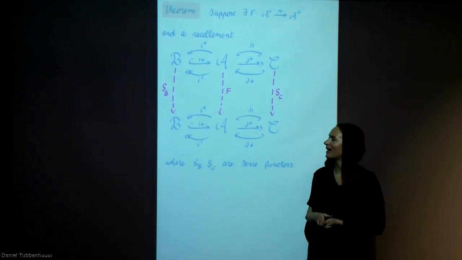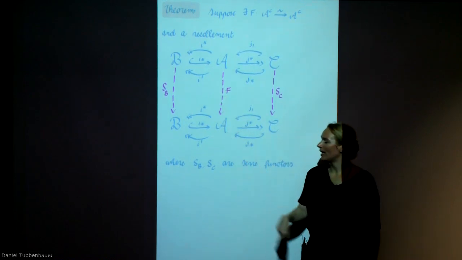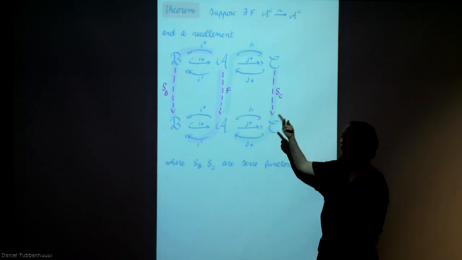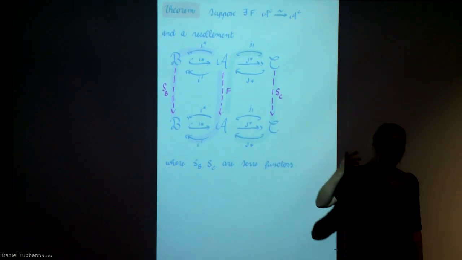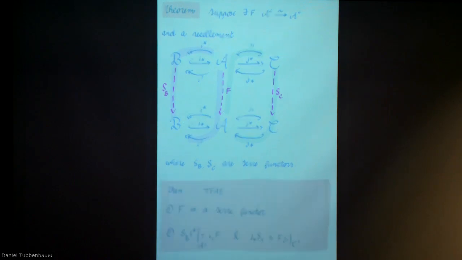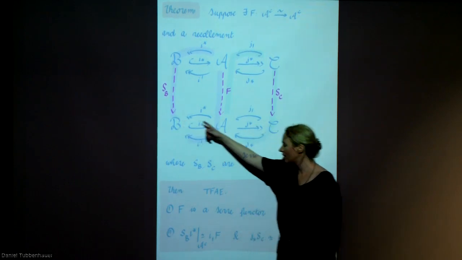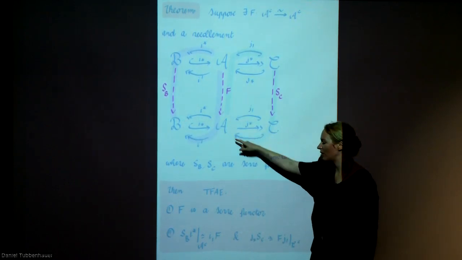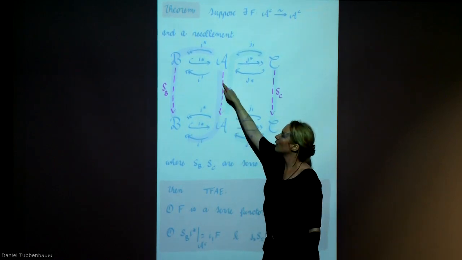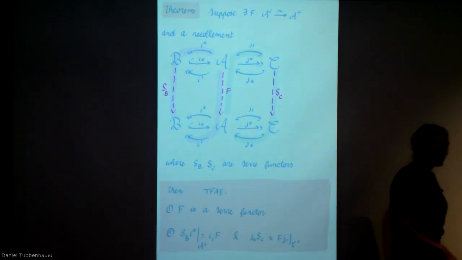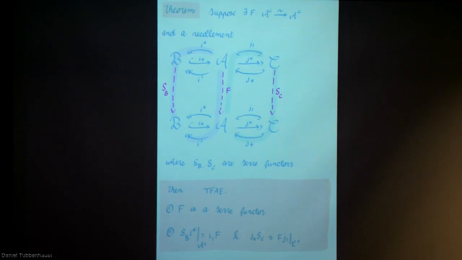So you have to start off with a guess. And the way you do that is you just check that it satisfies what we certainly needed, namely that the Serre functors switch the adjoints around, switch the top and the bottom adjoints. So as soon as you have that, then you know that if the two outside ones are Serre functors, then F is going to be a Serre functor if and only if it switches like this, and then the bottom adjoint is the same as the top adjoint. So it's not actually constructing a Serre functor, but it is testing whether a given functor is a Serre functor.